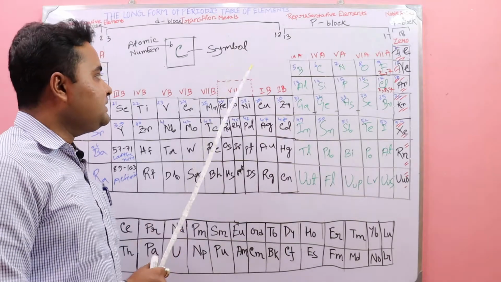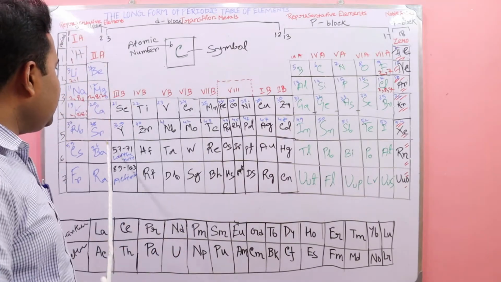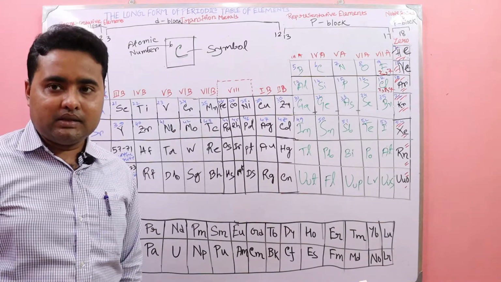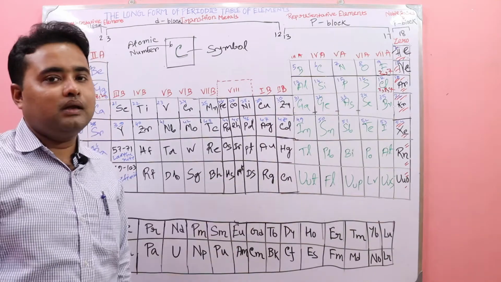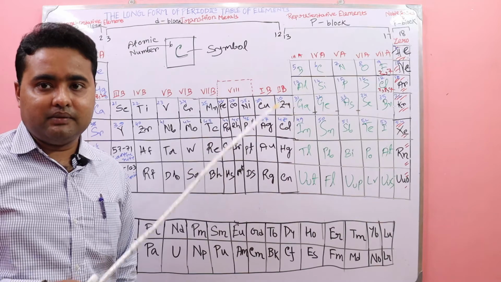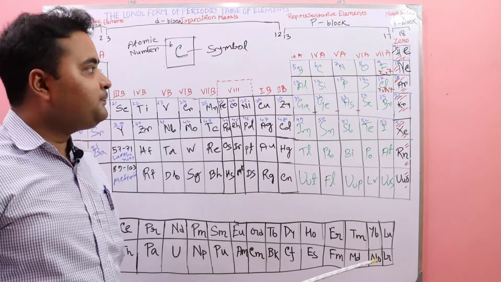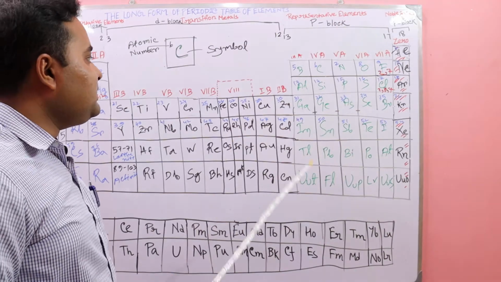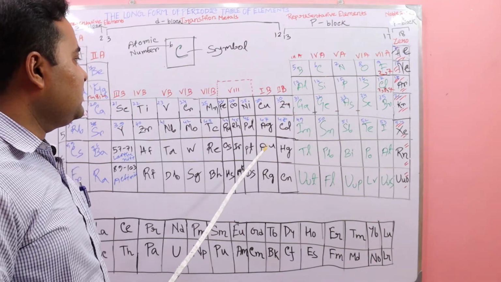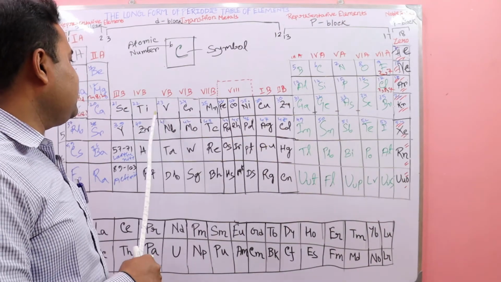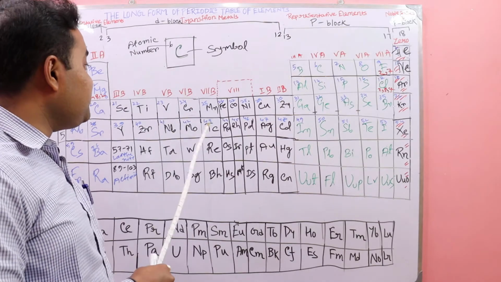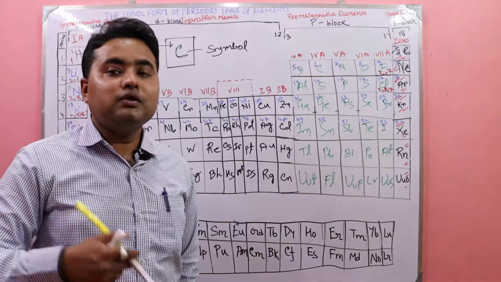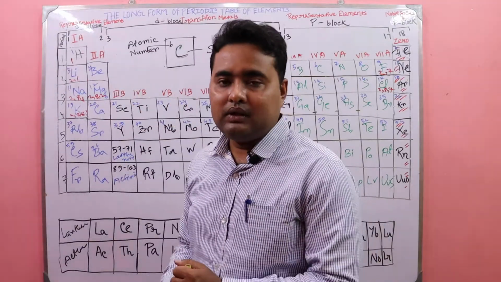So we can easily say that the left side of a periodic table is all metallic character, and the right side of the periodic table is non-metallic character. Now, how can we say an element's atomic configuration from its place?